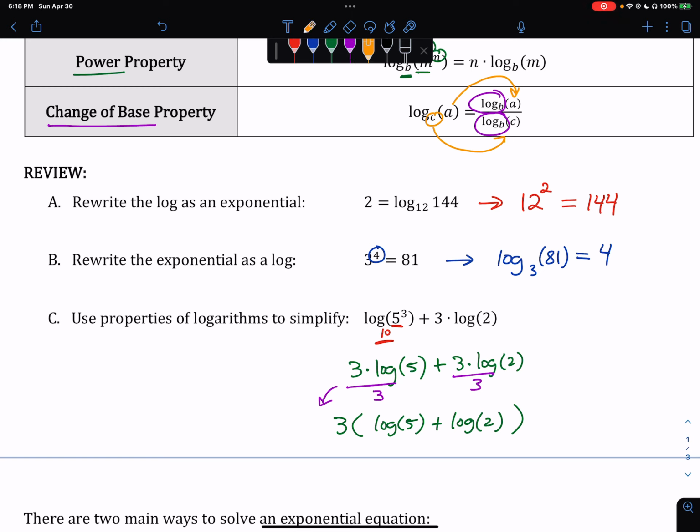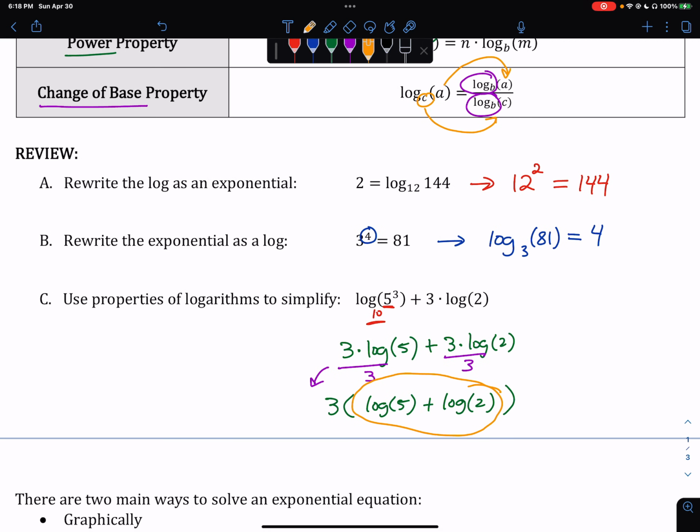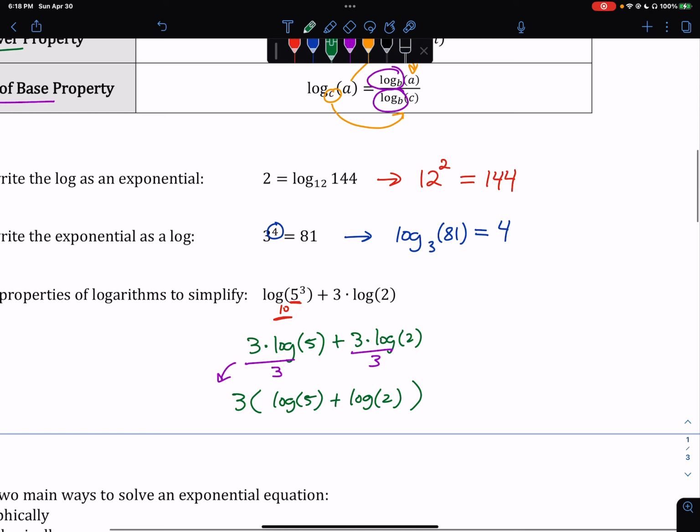And then now we can recognize that inside we have 2 of the same logs. They're both being added together, so that looks like my product rule, since they are separated and added. We can combine that into one log, so 3 times the log of 5 times 2, because that would be our product property.